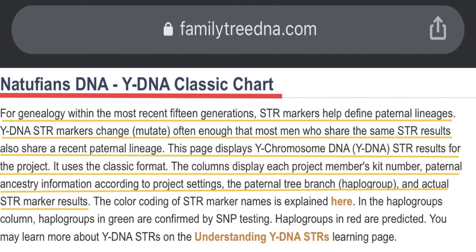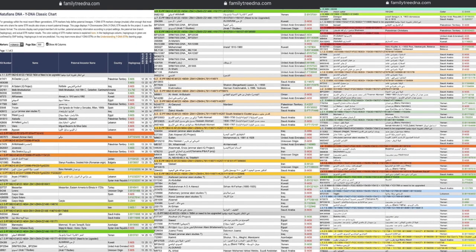So basically, what this is going to show you is the populations of people who have this Natufian-related ancestry from a Y-DNA chromosome perspective. So as y'all can see, hopefully, you find basically a lot of Iraqi, Yemeni, Palestinian samples with E markers. Here's Palestinian territory, Jordan, you see Lebanon, Yemen, Iran, Saudi Arabia, Kuwait, and such.